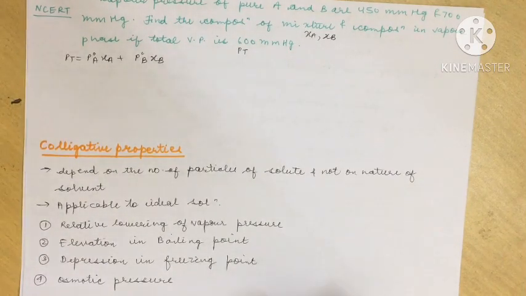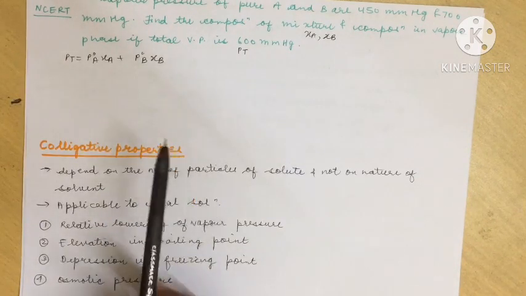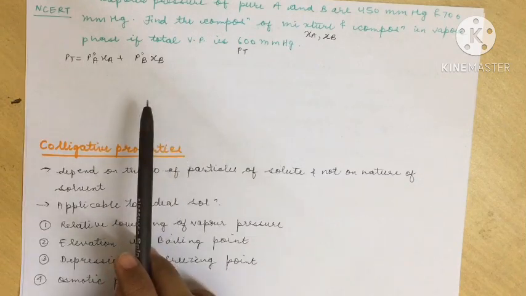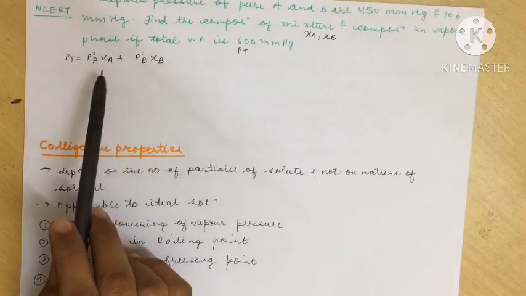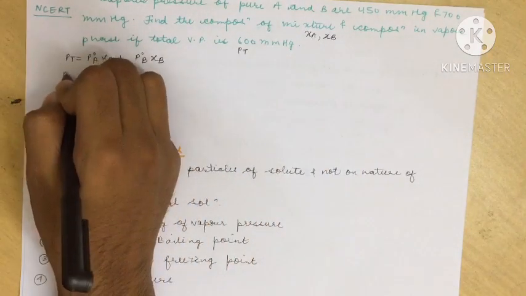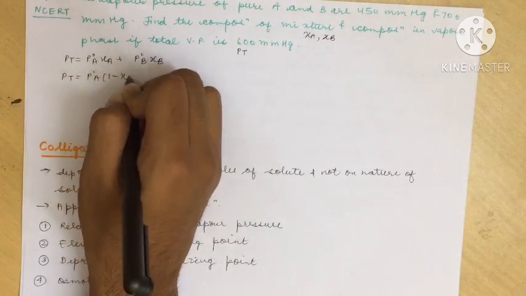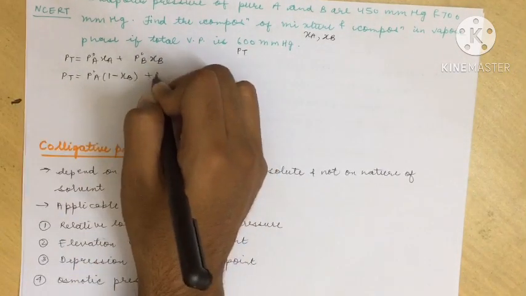Now what can I write instead of Xa? We can write Pt equal to P naught A into 1 minus Xb, plus the same term.